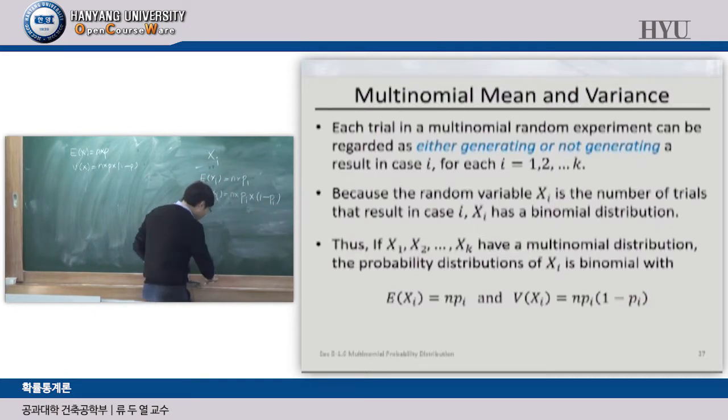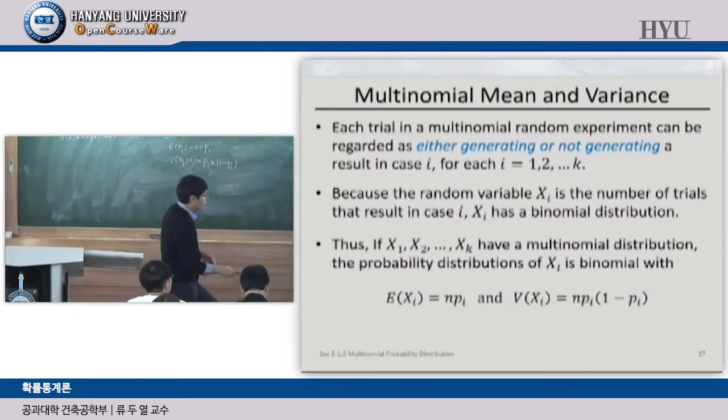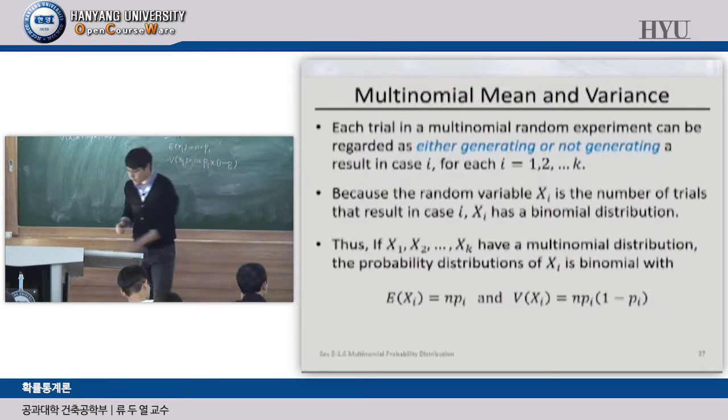Okay? So even in the case of the multinomial distribution, we can use the identical formulation for the random variable xi. Okay? So this is about the multinomial mean and variance.